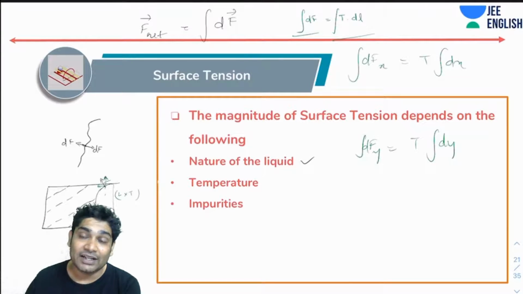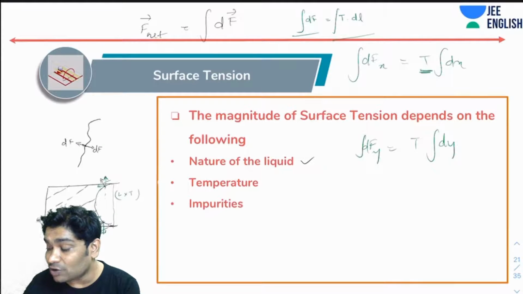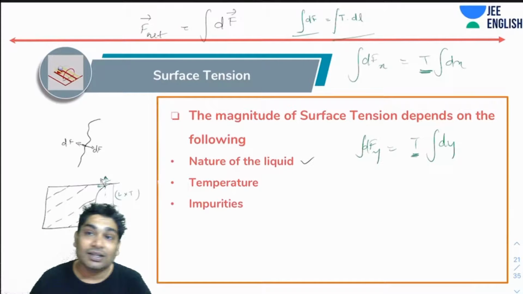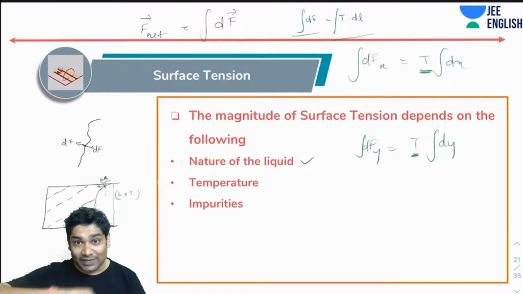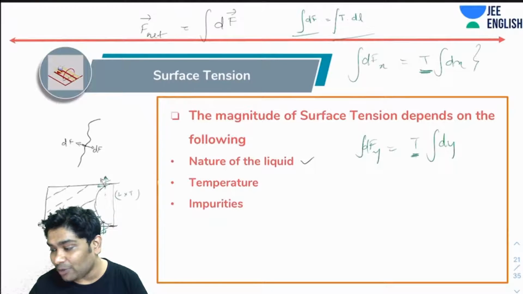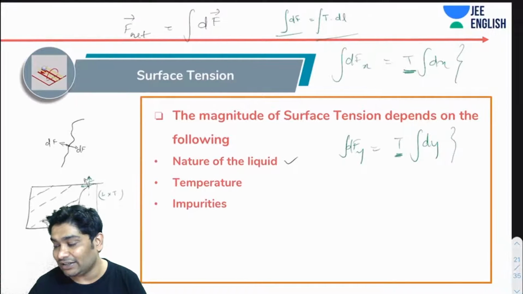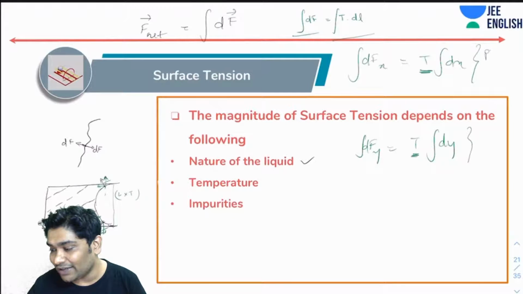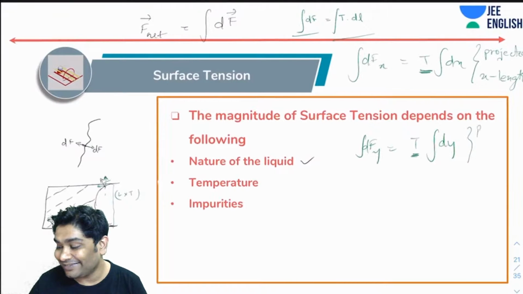That is why you're getting the projected length. But for that, the T has to be out of the integration, which means the T everywhere should be the same. This is projected x length. This is projected y length.